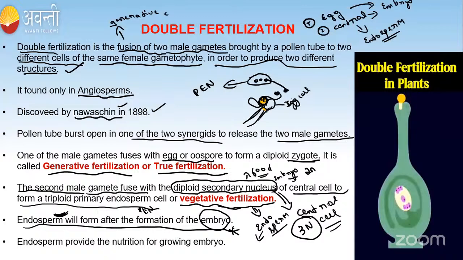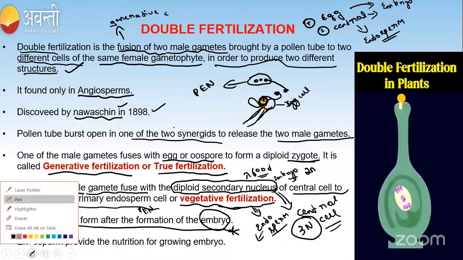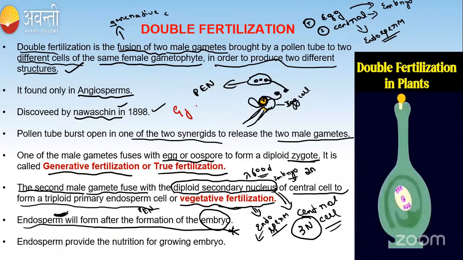But in the gymnosperm, remember, it is vice versa. In the gymnosperm, the endosperm forms first, whereas the embryo comes second. Kindly make a note of this, guys.